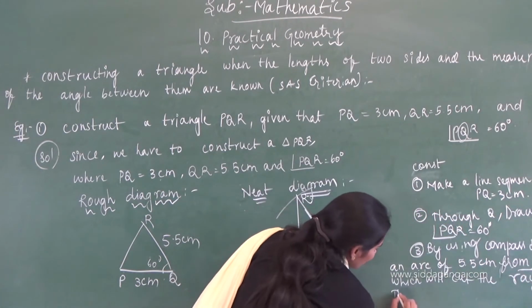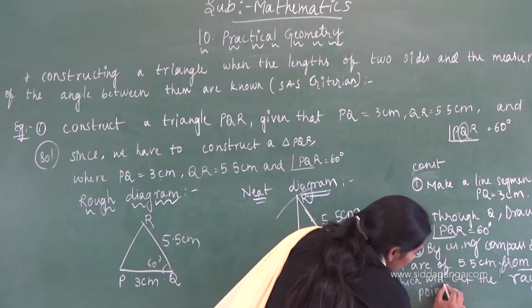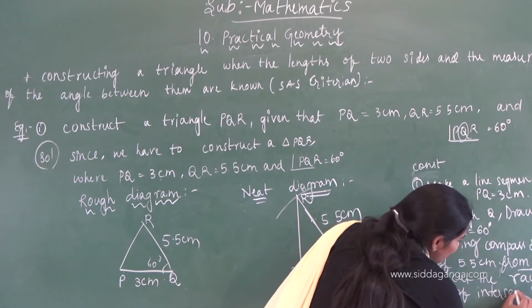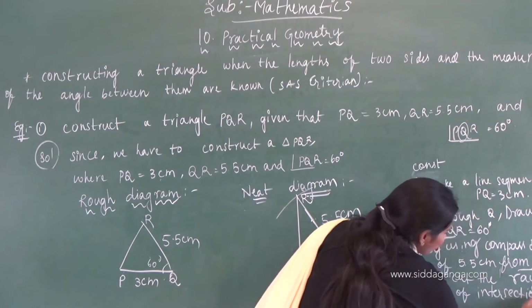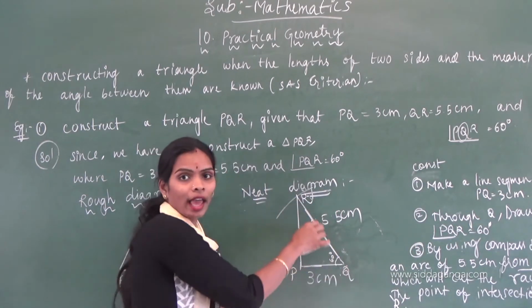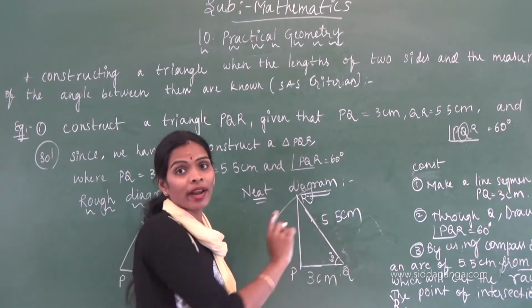The point of intersection, what is the point of intersection? I already told you, that is R. The point of intersection is R, and I am measuring this one as 5.5 centimeters. That is only I am writing here.